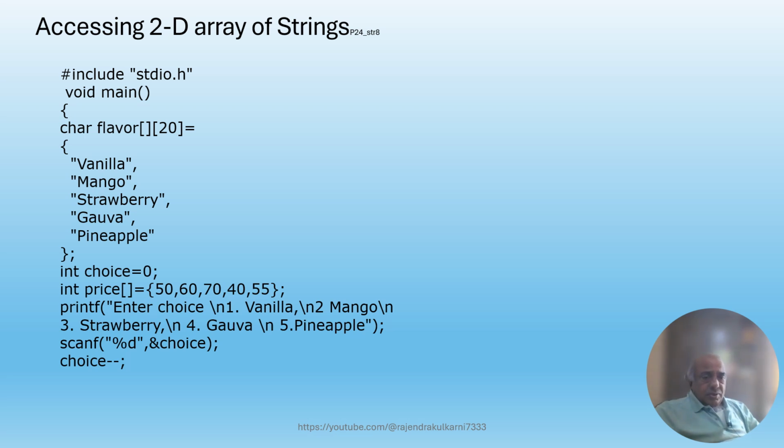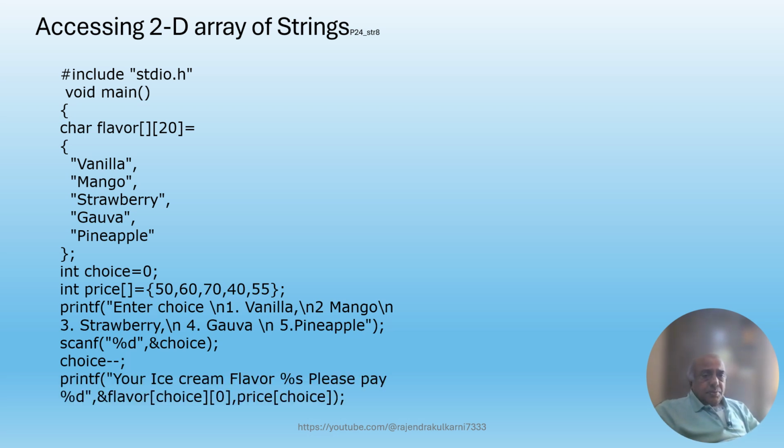So when the user says his choice is guava, he enters 4, but the element number of guava in the array flavor is 3. Now 0, 1, 2, 3. So we decrement the choice by 1 so that it aligns well with the element numbers of the array flavor and array price.